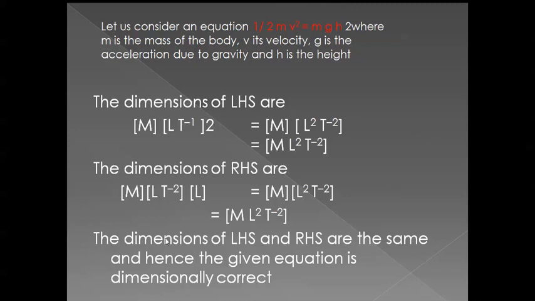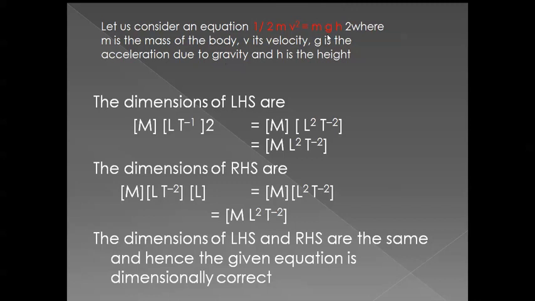Example, let us consider the equation half mv square, kinetic energy, equal to mgh, potential energy, where m is the mass, v is the velocity, g is the acceleration due to gravity.